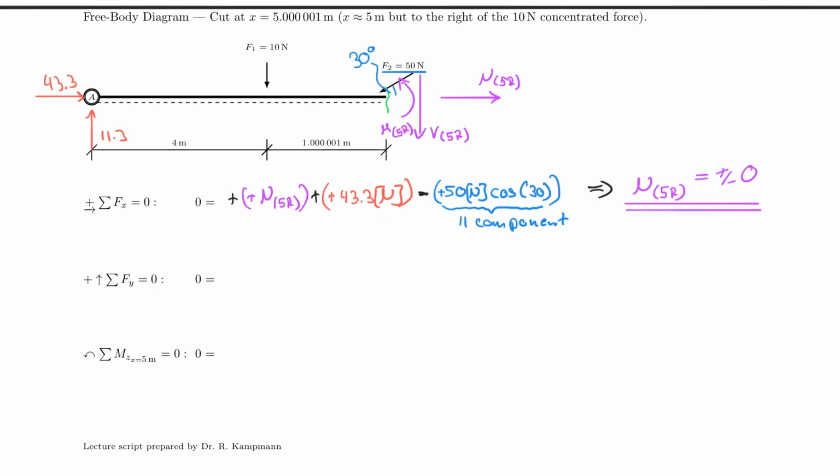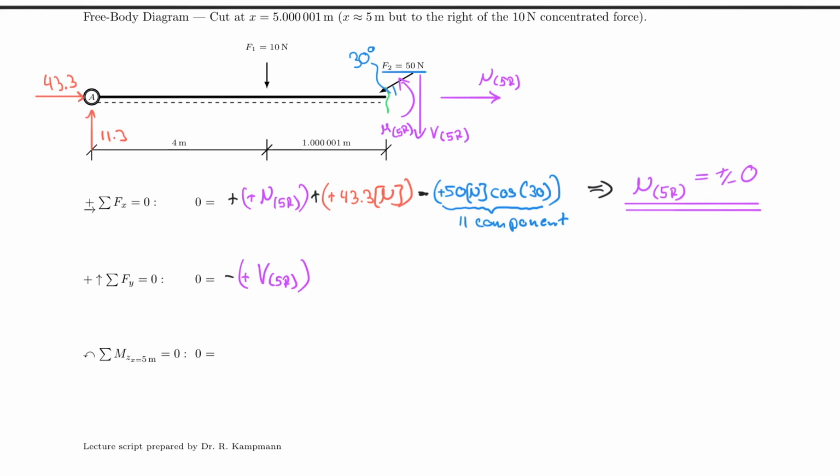Again, I start with my unknown, so plus V of 5 on the right side, which is pointing downwards, therefore it's negative. And let me reiterate that this black negative comes from here, whereas this positive comes from reading an arrow properly in a sketch.